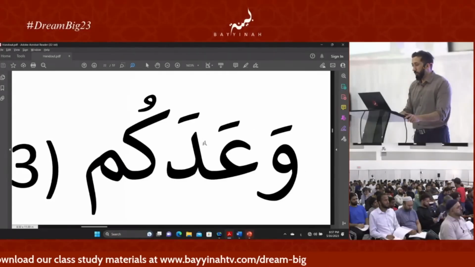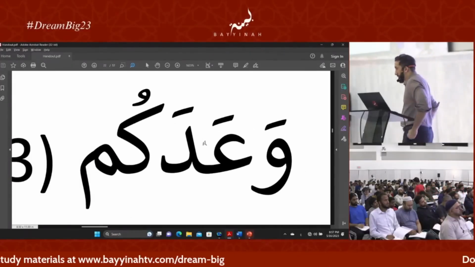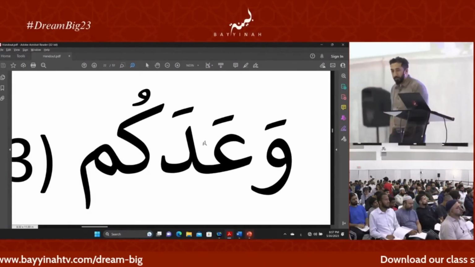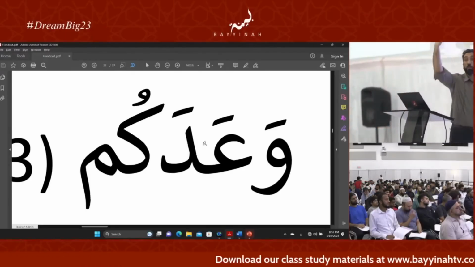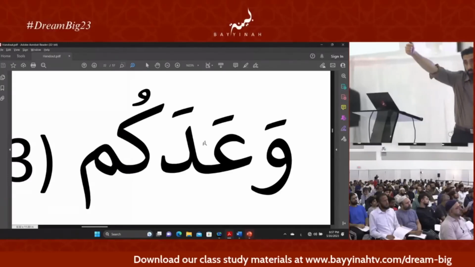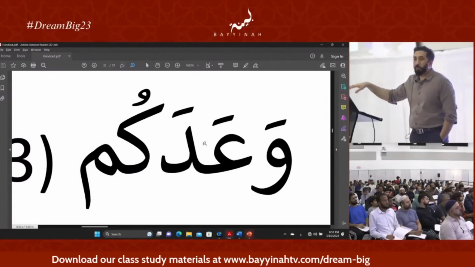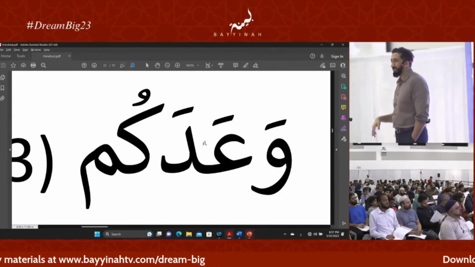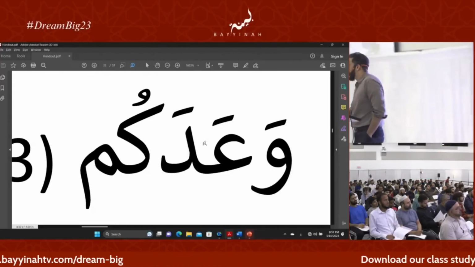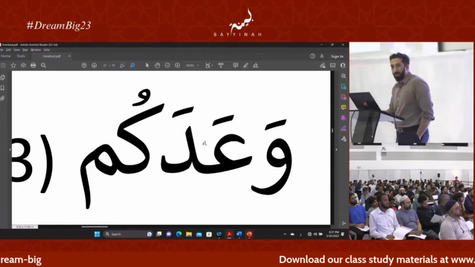Wa'adakum. I don't know if there's a pronoun or not. Is there? Where? Kum comes from antum, meaning you all. Wa'ada is a fi'l. You don't know fi'l yet. Wa'ada means he promised. What does the whole thing mean? He promised who? No, not them. Not them.